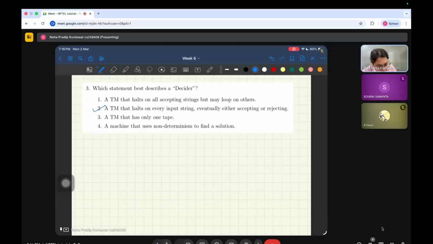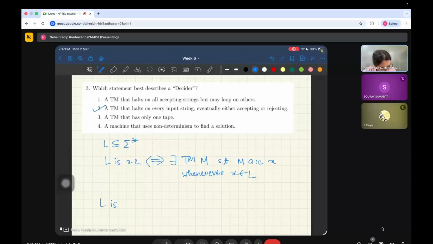So, let's say L is a language, so L is a subset of sigma star, and we say that L is recursively enumerable if and only if there is a Turing machine M such that M accepts X whenever X is in L, and we say that L is decidable or recursive.